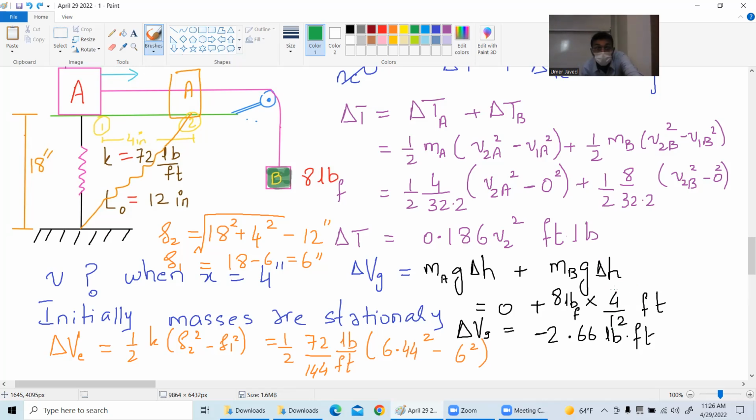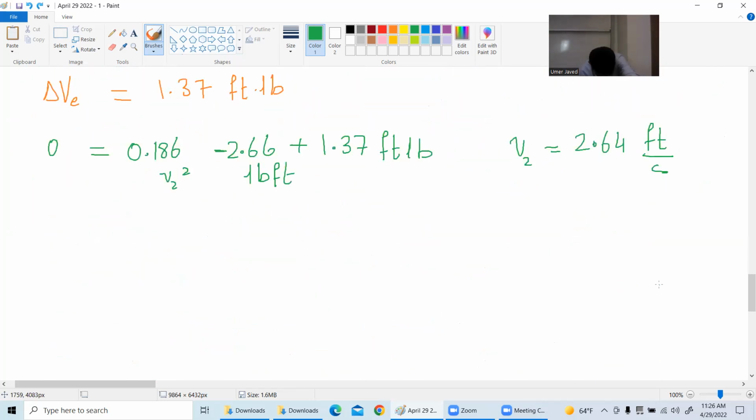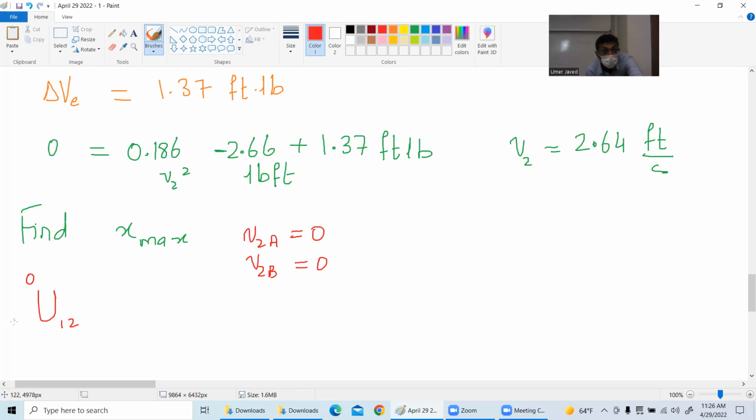Okay, so on that note, the final question is find X max. So what you have to say is for X max, I will have V2A equal to 0, V2B equal to 0. So I will have U12, outside forces, non-conservative forces, equal to delta T, which is 0, plus delta VG plus delta VE.